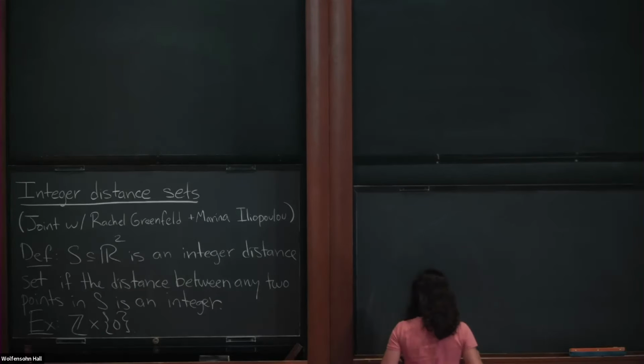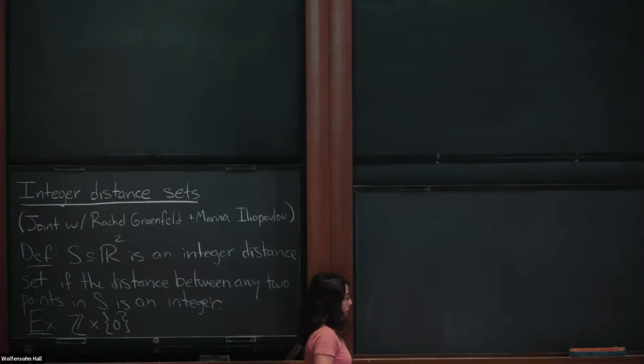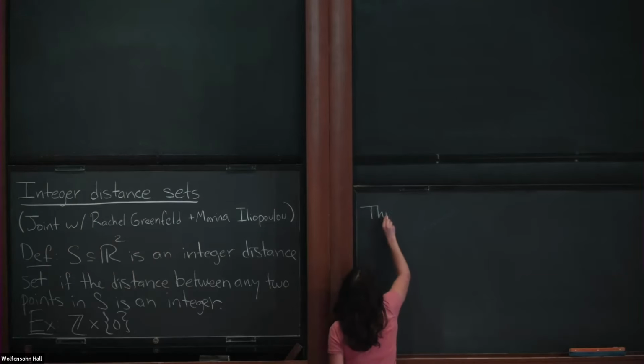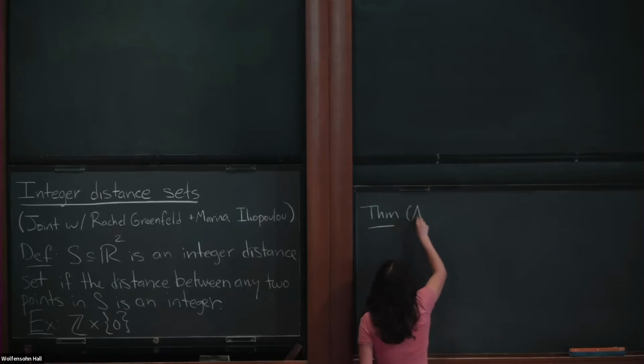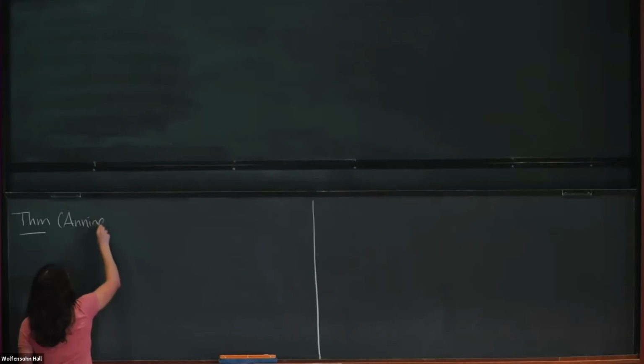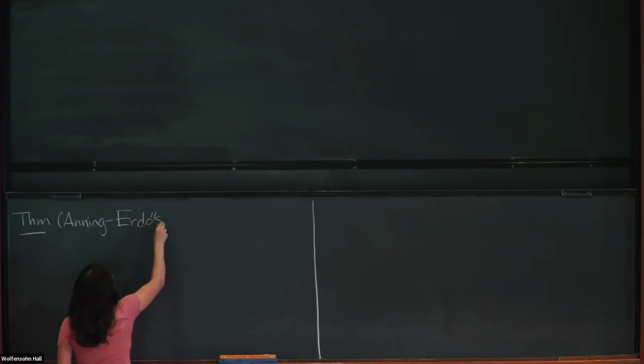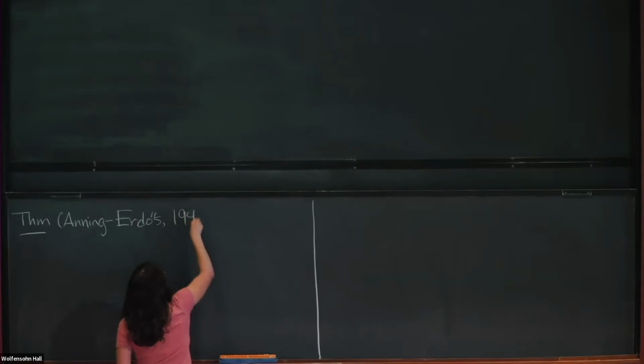And in fact, it's a theorem of Anning-Erdos from 1945 that there are no infinite non-collinear integer distance sets.